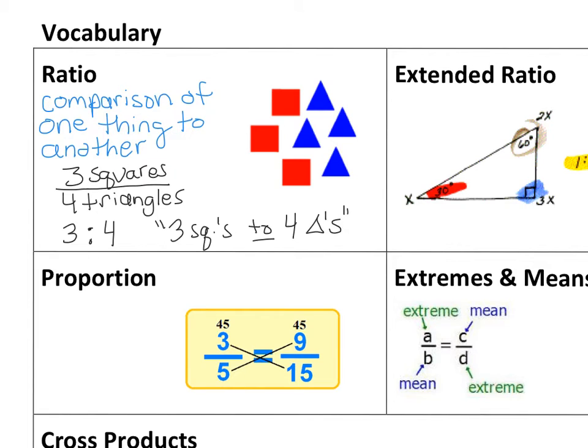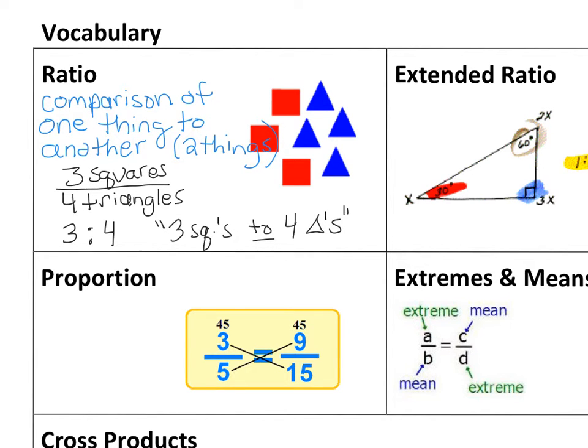Getting in the habit of reading ratios this way will really help you, I think, solve some of the proportions that we are going to be using shortly. So a ratio is this comparison of one thing to another, and the main thing here is we're comparing 2 things.